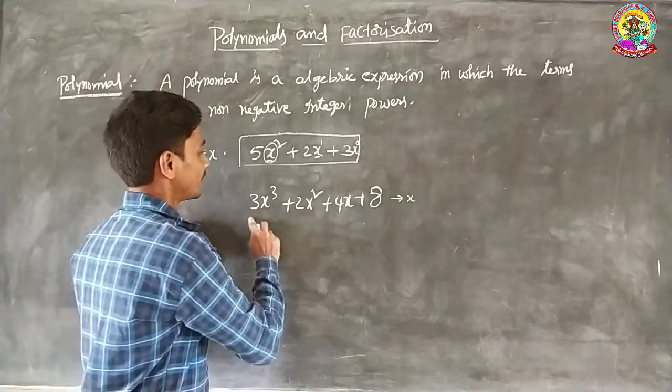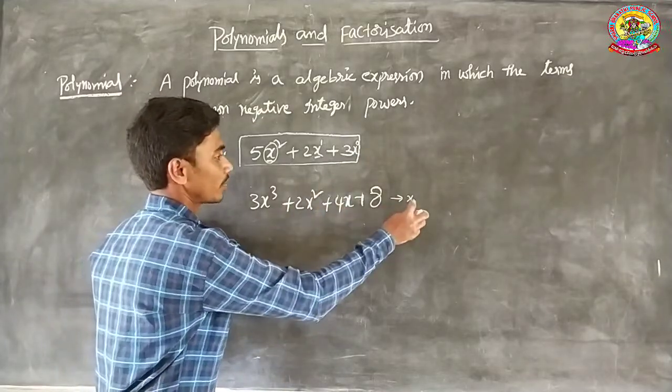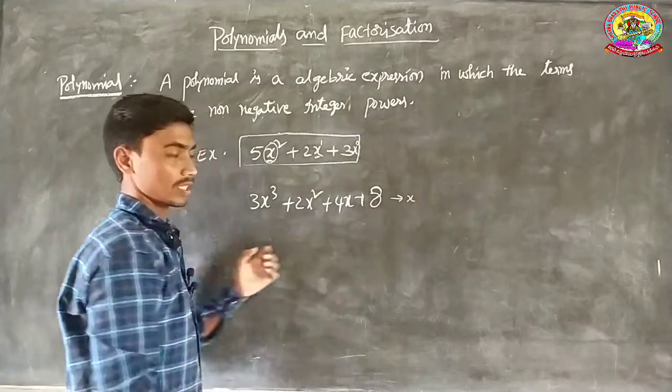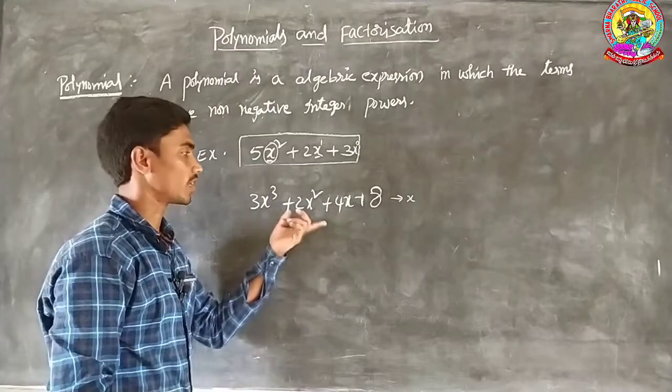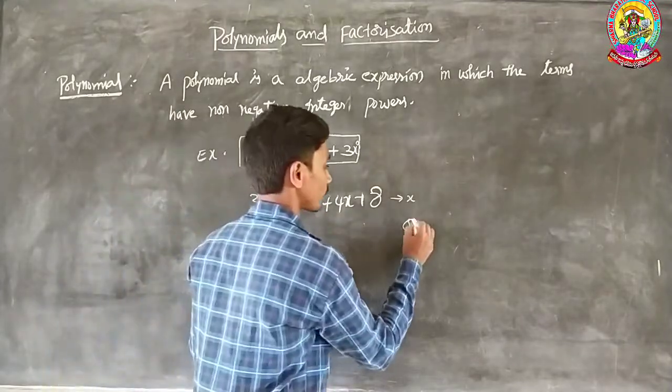So that's why this polynomial is under the variable x. It is called a one variable polynomial.